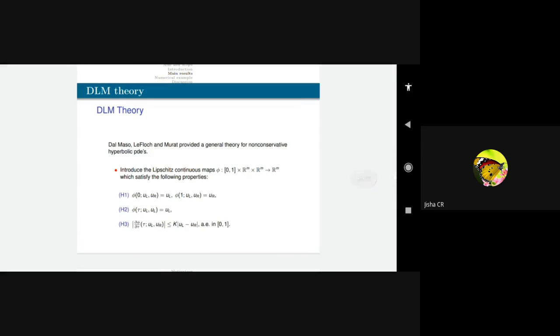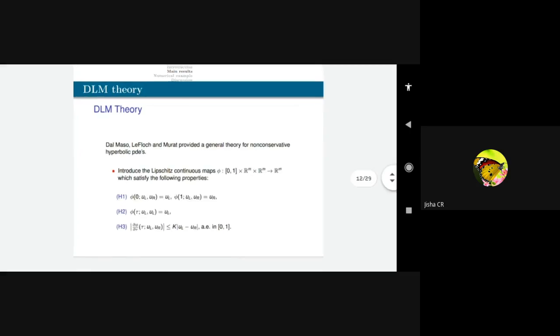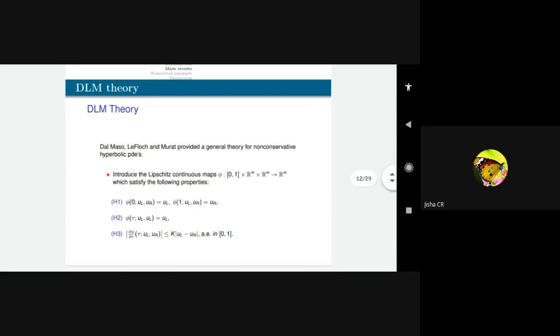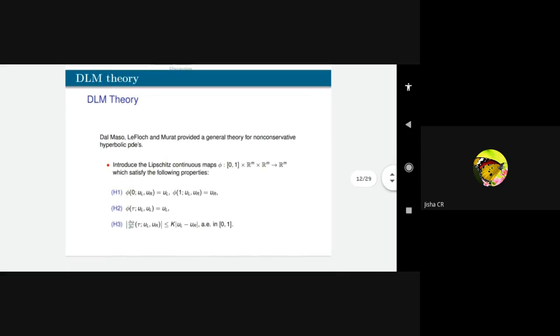This is the main result in this area. DLM theory: Dal Maso, LeFloch, and Murat provide a general theory for non-conservative PDE. The main result is that they proceed according to a path. We want to solve the non-conservative problem, but one approach is to solve it according to a path. For that they need a Lipschitz continuous path.